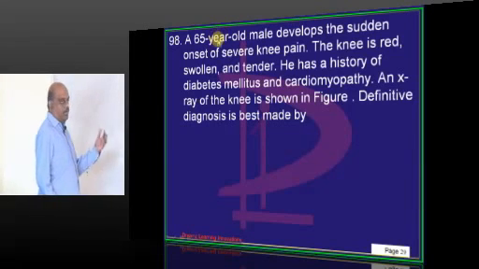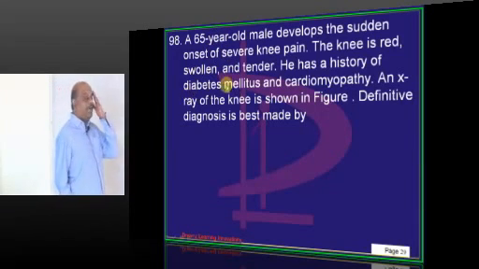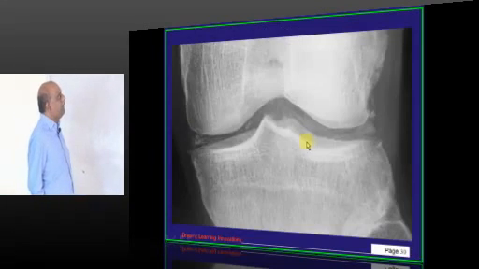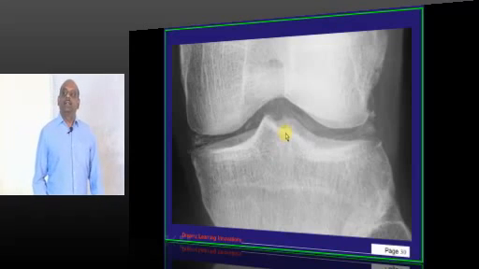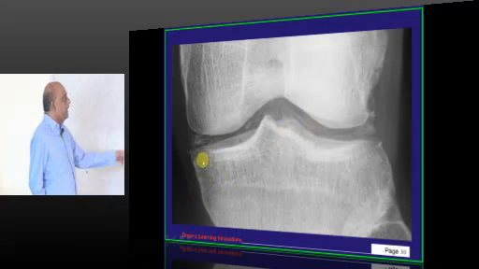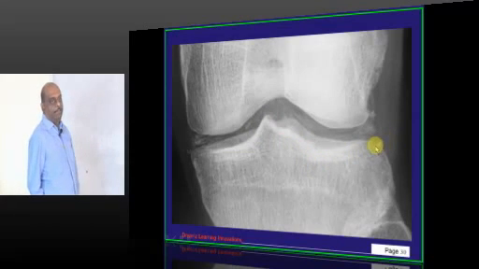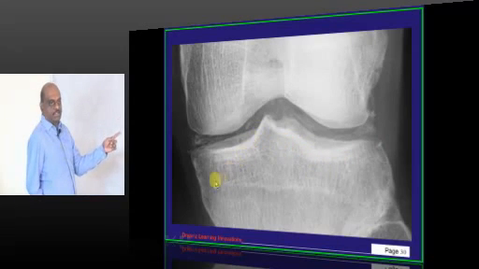A 65-year-old male with a sudden onset of severe knee pain, the knee is red, swollen and tender, and he has a history of diabetes and cardiomyopathy. And the knee joint, what is it showing? It is typically showing a calcified line, which is a feature of pseudogout, where there is chondrocalcinosis.